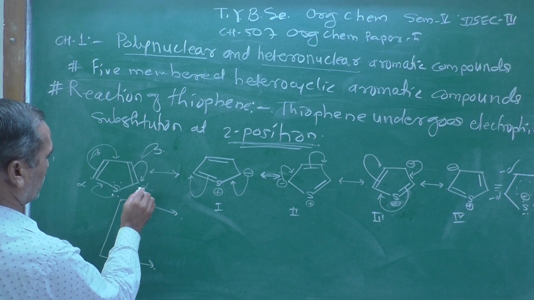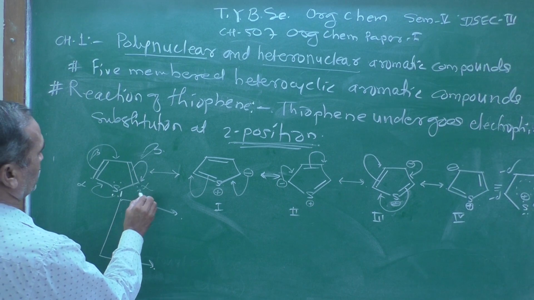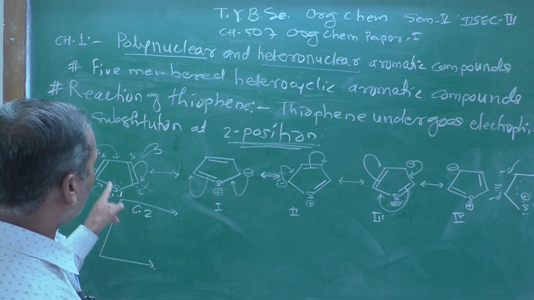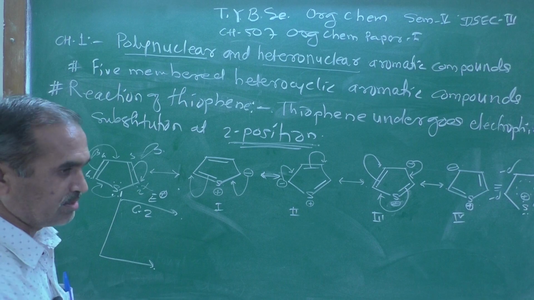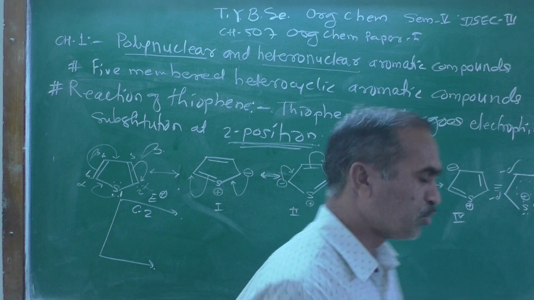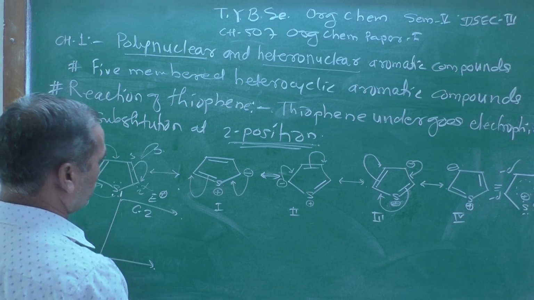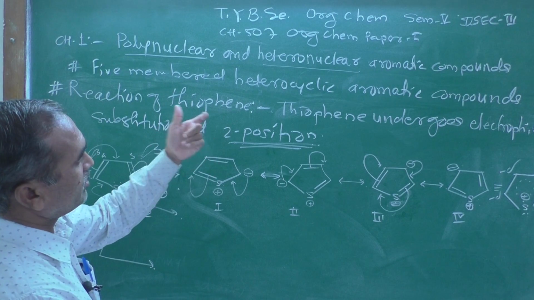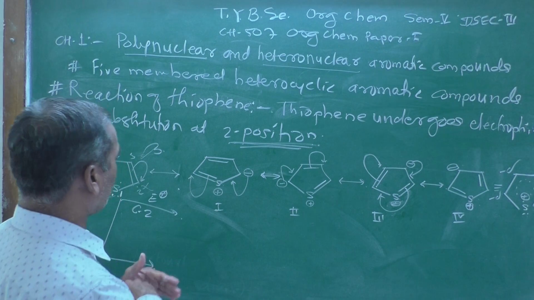This is the C2 position, so the heteroatom always gets number 1, then 2, 3, 4, 5. So when the electrophile attacks, suppose the electrophile attacks at the 2 position, what would be the resonating structure that I am trying to find out? Why does electrophilic substitution take place at the 2 position and not at the 3 position?